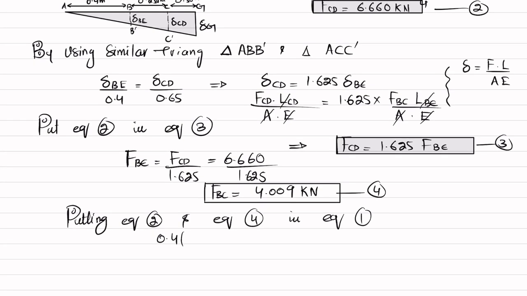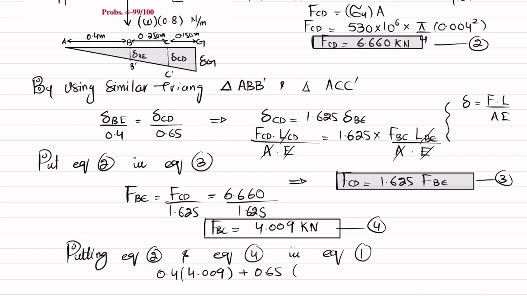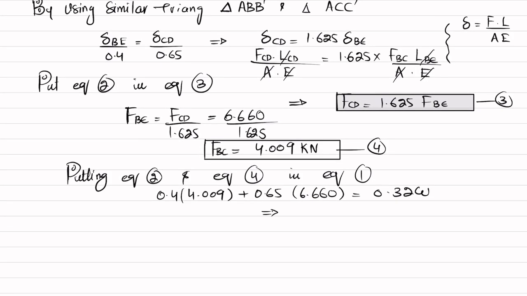So 0.4 times 4.009 plus 0.65 times FCD. FCD is 6.660, and this is equal to 0.32 W. So from here, W will be equal to 18.7 kilonewton per meter.